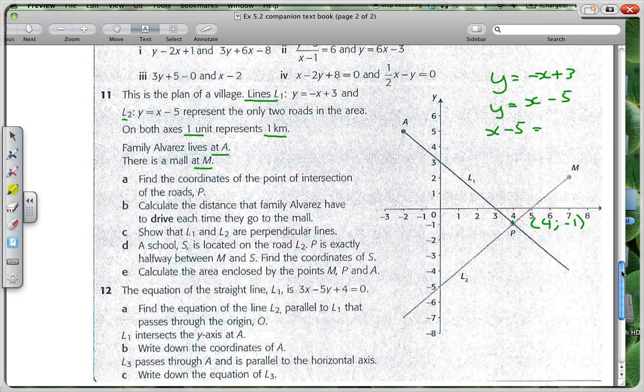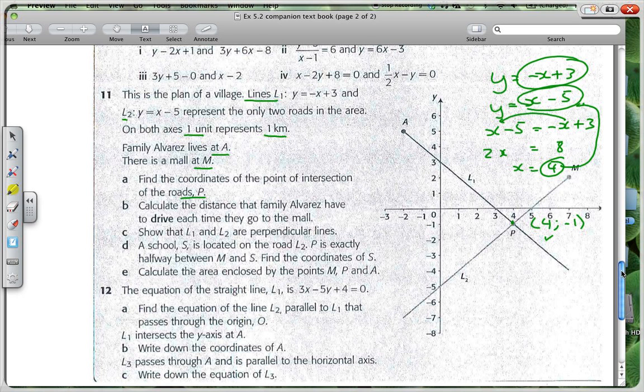Because both are equal to y, we can say that this is equal to this. So x minus 5 is equal to minus x plus 3. So I'm going to take that over to that side. It's going to become 2x is equal to 8, x is equal to 4. So there I've got that. And obviously I just put that into either one of these and I can get my y. Okay, so we've got that over there.